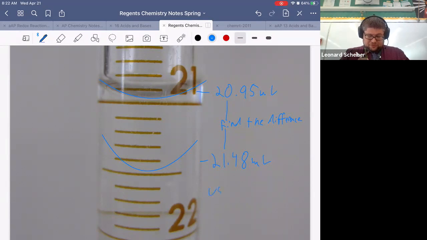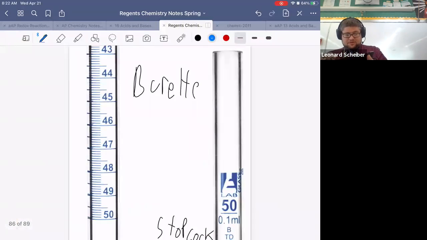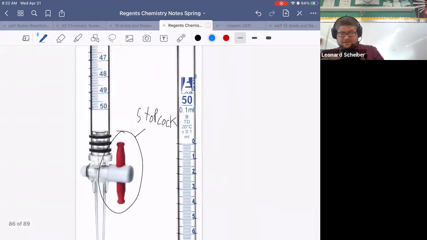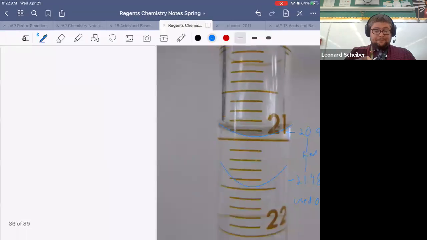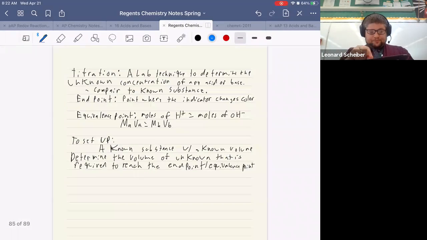So we used 0.53 milliliters. And so that's how we would use this contraption, this burette, right? You measure the before and the after.